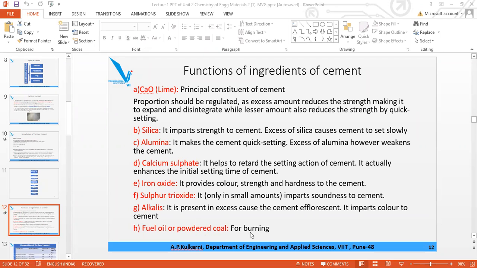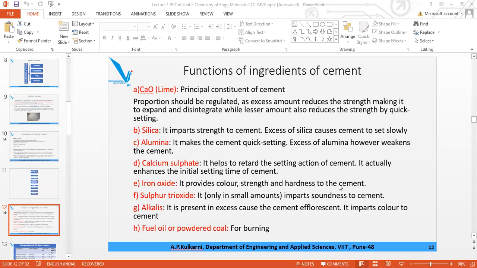Fuel oil or powdered coal is used for burning. In the rotary kiln, when you add everything, you have to burn it so that all the constituent particles like CaO, Al2O3, SiO2, etc. get bonded with each other, and for that purpose burning is essential.